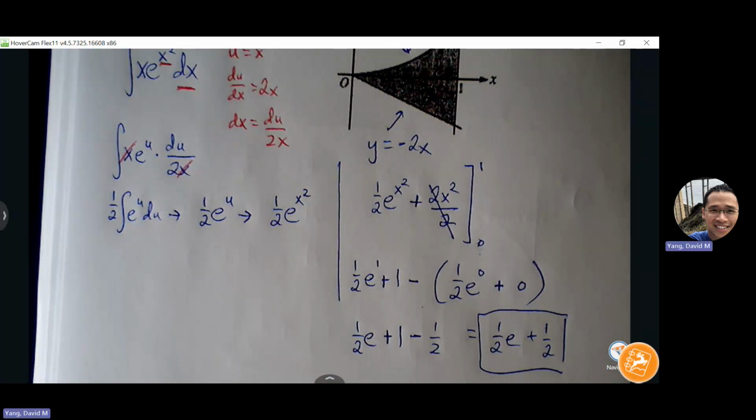Okay, so part A requires us to work things out by hand. But part B, if you can set up the washer method, then you just leave your answer in that integral form. No need to evaluate.